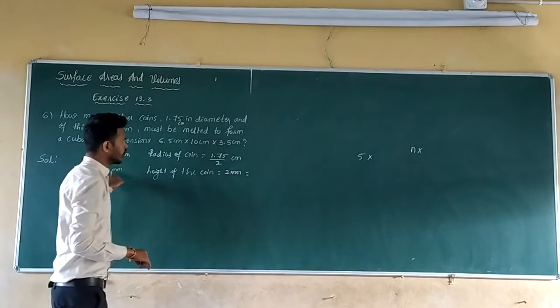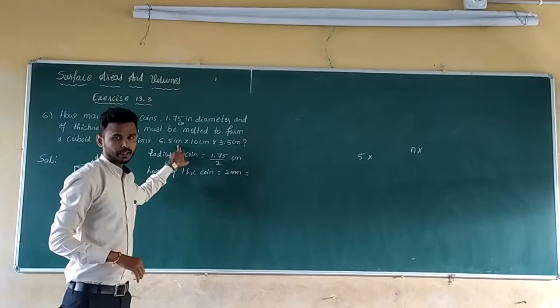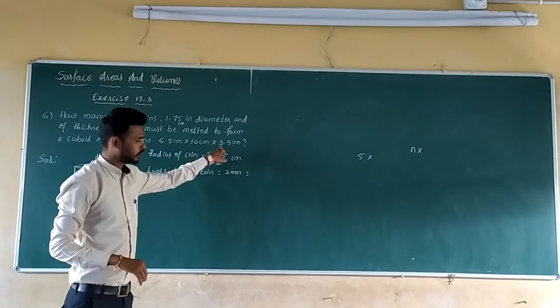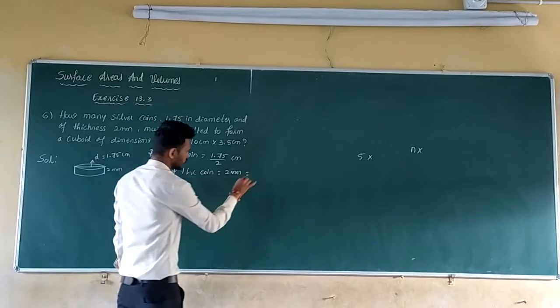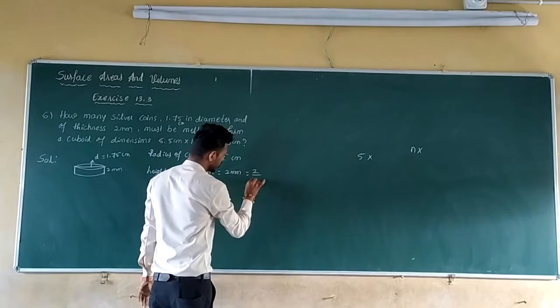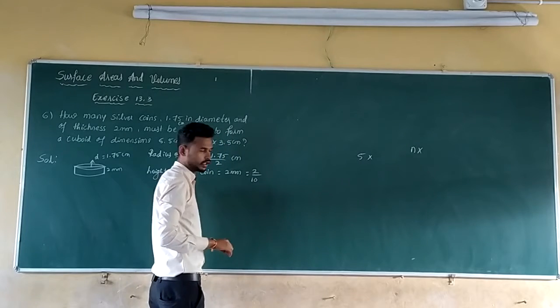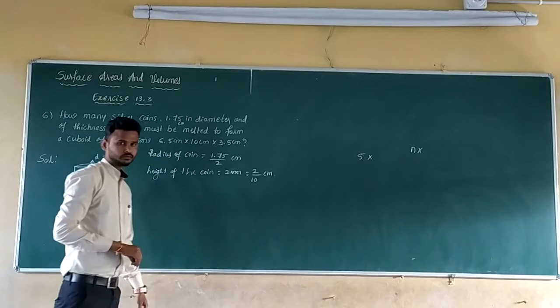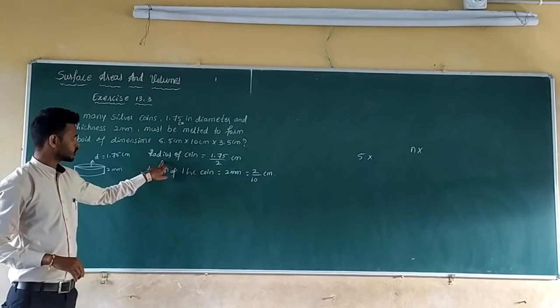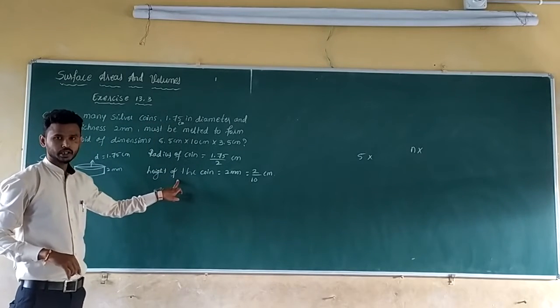But see, all the remaining values are in centimeter, and only this one is in millimeter. Convert this into centimeter, so divide that by 10. 2 by 10 centimeter. So this is the radius of the coin and height of the coin.